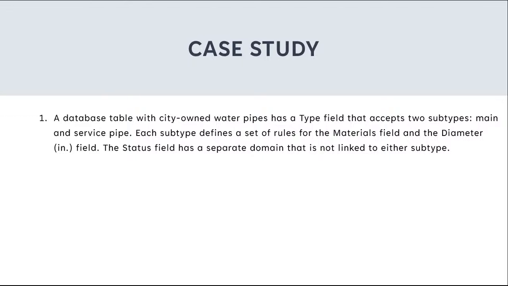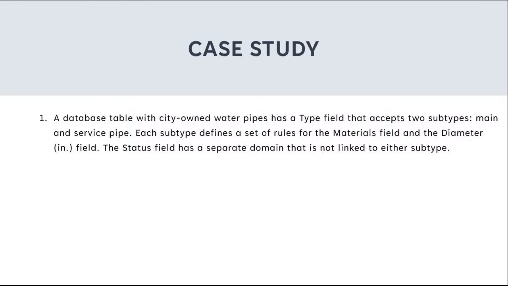A database table with city water pipes has a type field that accepts two subtypes. Now, don't forget, when we say subtype, we categorize things under it. These two subtypes are main and service pipe.